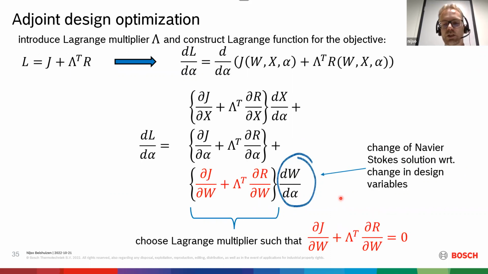Just to go back, the adjoint equation is just a system of linear PDEs that you can solve for approximately the same cost as a single CFD simulation. So it's much cheaper to solve this equation and let this entire term drop out than to solve actually this term.